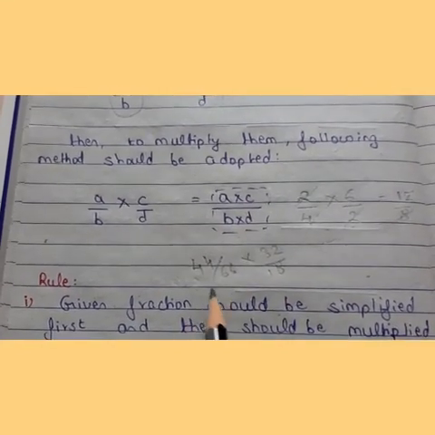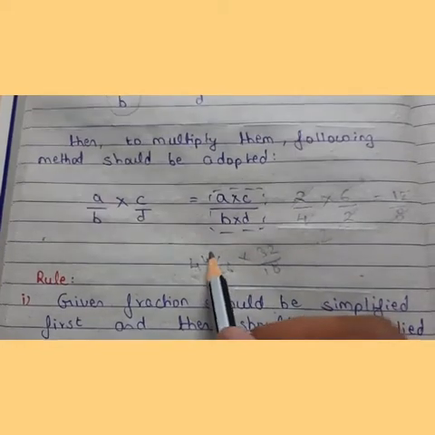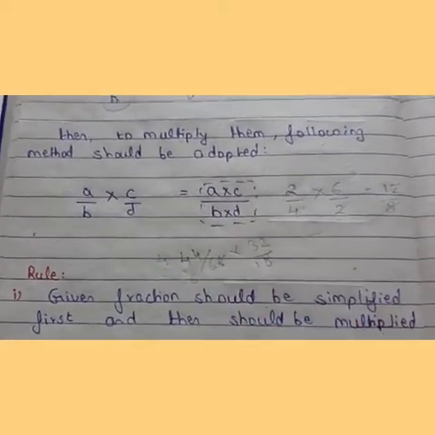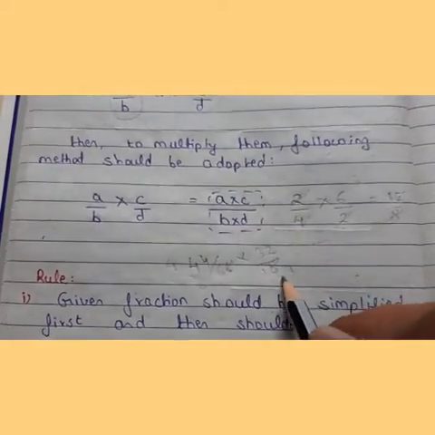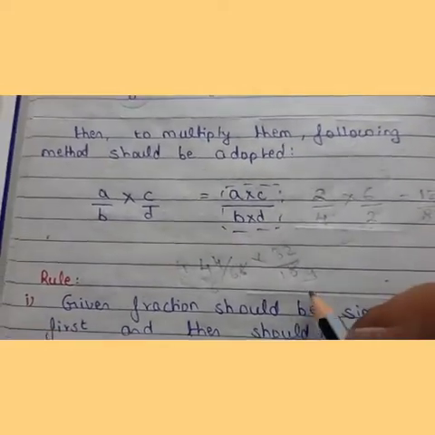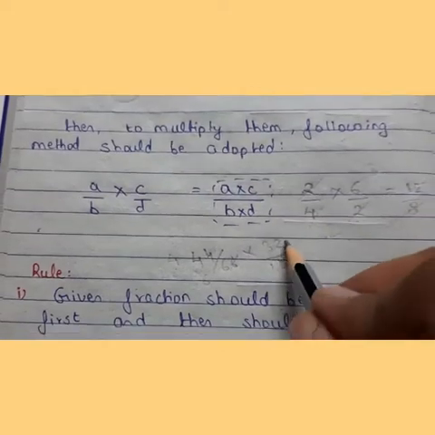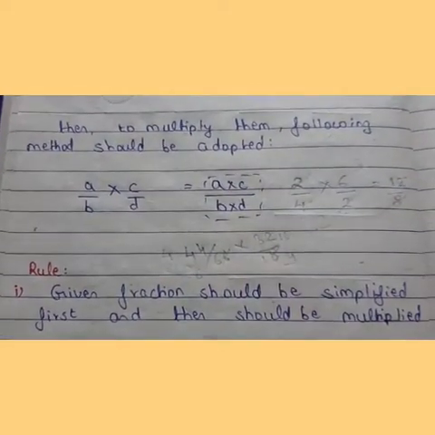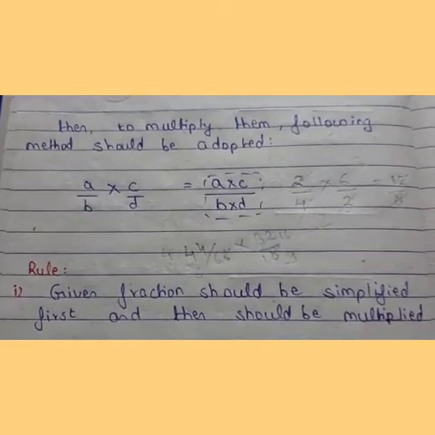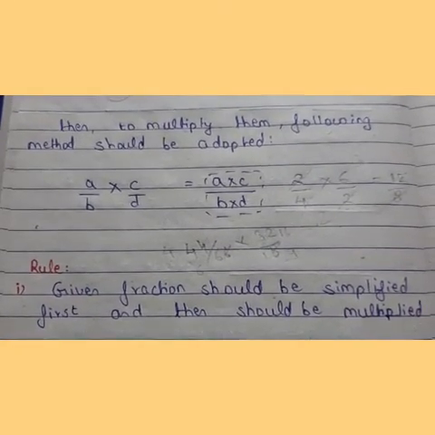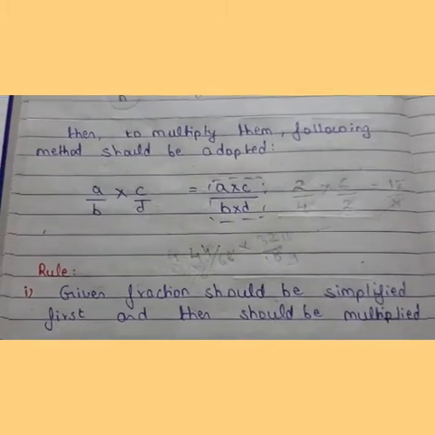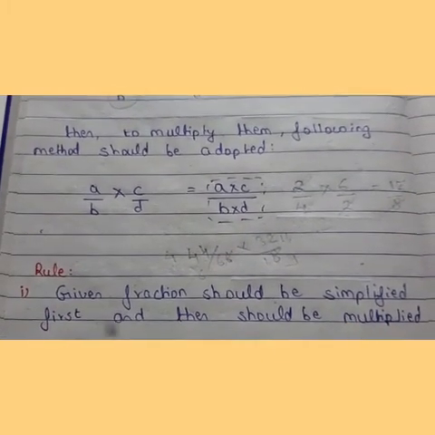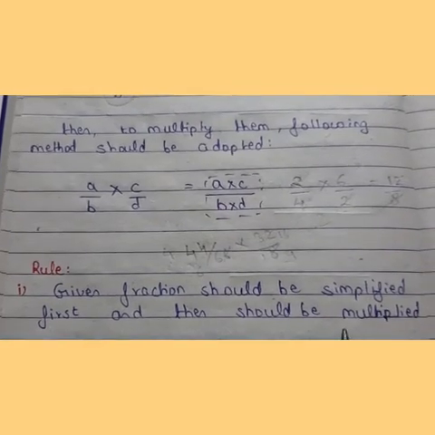Instead of it, if we simplify it here itself, like we know 11 into 4 44, 11 into 6 66, 2 into 9 18, and 2 into 16 is your 32. So now it is in simplified form, and whatever the product we are getting, it will be a small value which will be easy for calculations. So what the rule first says, that the fraction should be first simplified and then it should be multiplied.